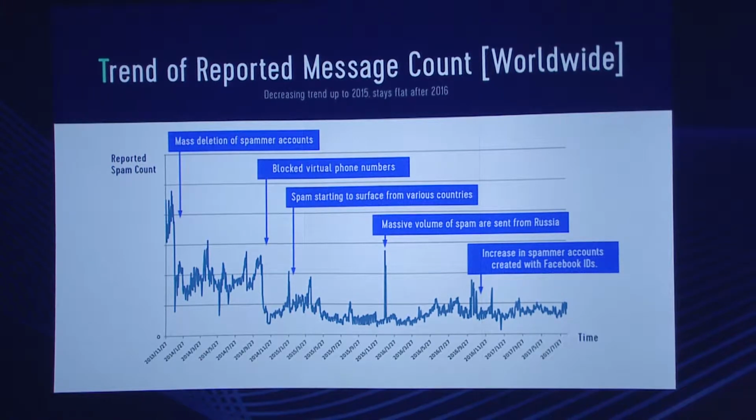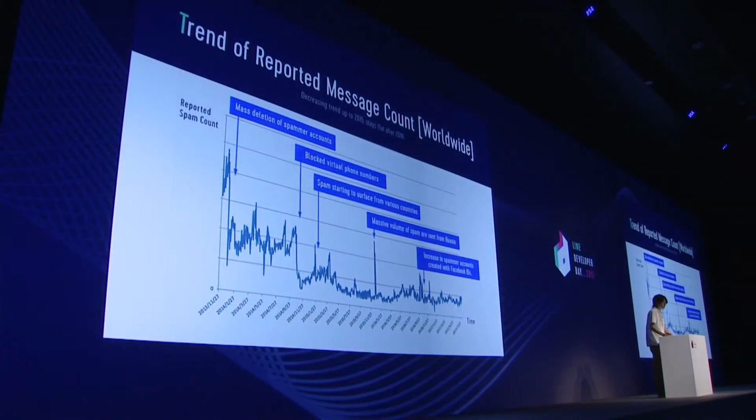Occasionally, there's some irregular data where you see spikes in the number of reported messages. But basically, after this anti-spam measure was implemented in 2013, in 2015, it stabilized and flattened out, leading up to today.